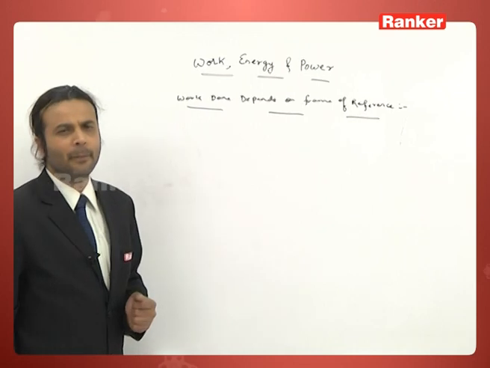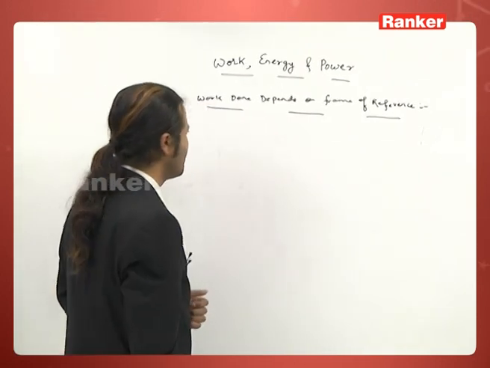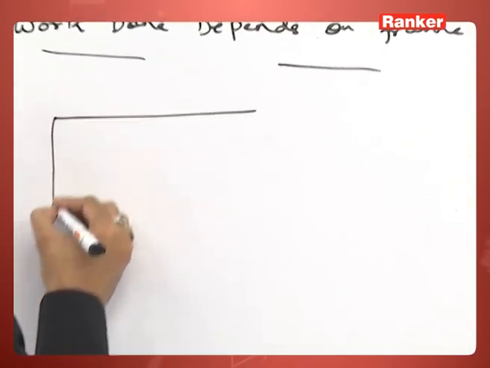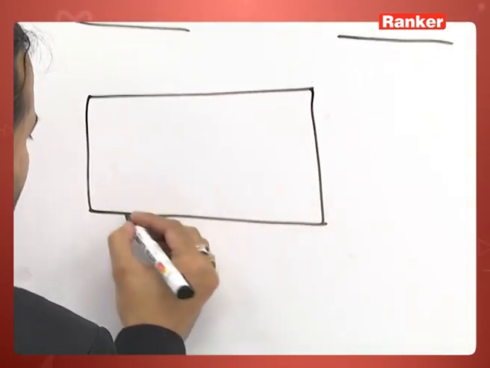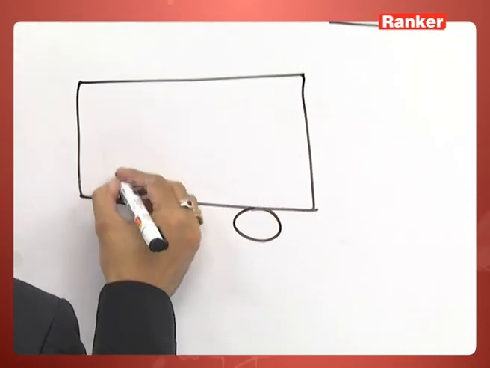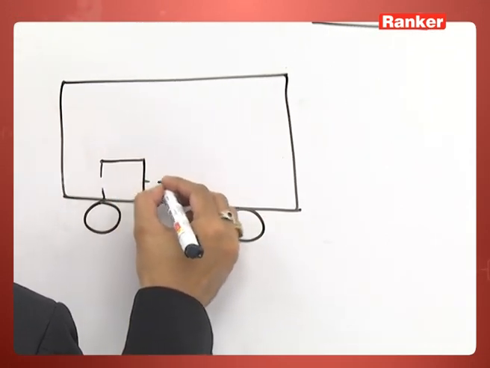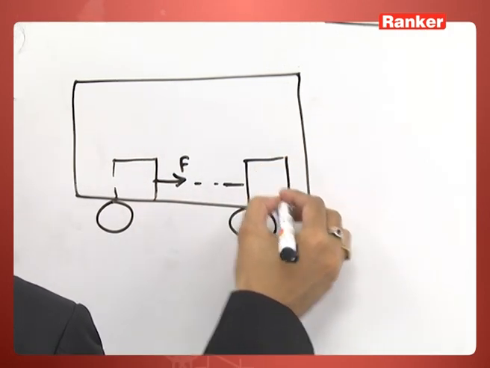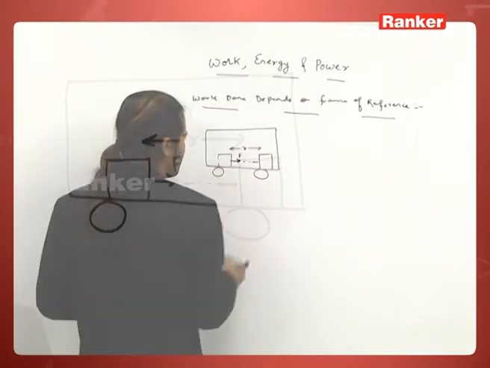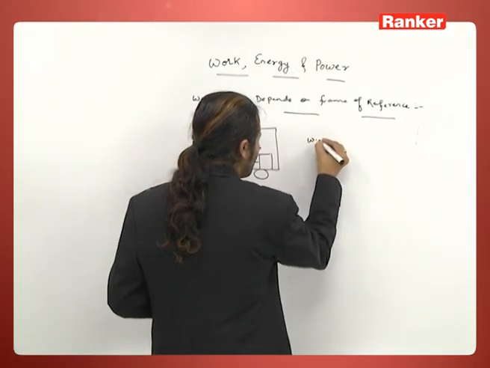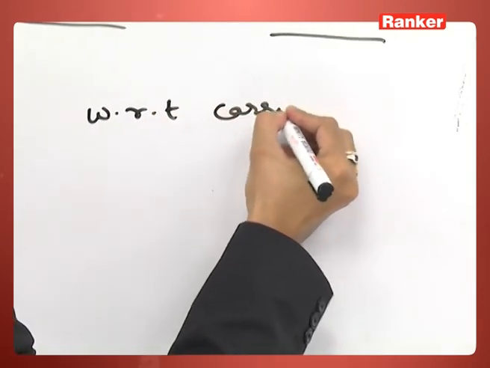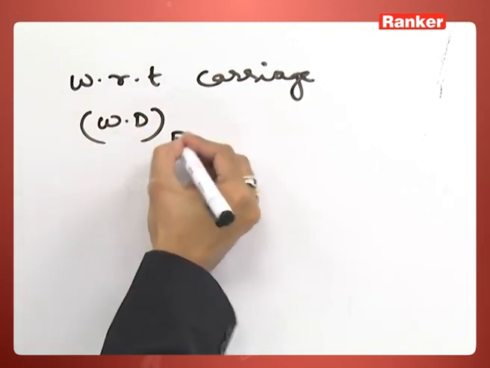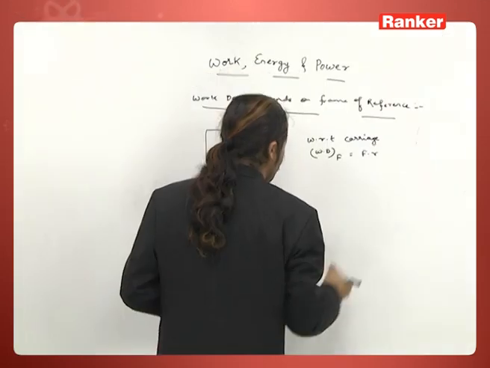Now work done depends on frame of reference. Suppose inside a train, I take a train or a carriage. Here the block moves by a certain force like this to here. Let this distance be r. So with respect to carriage, work done by F is F into r.